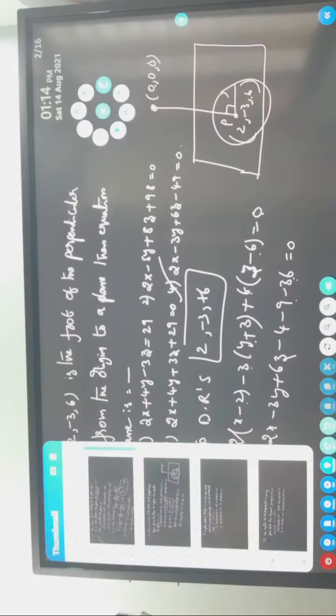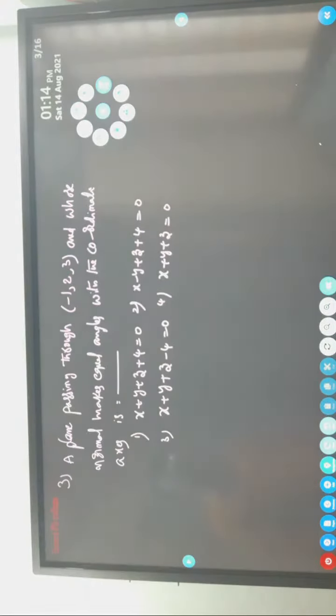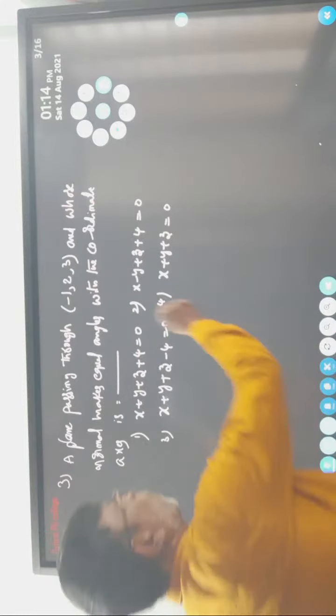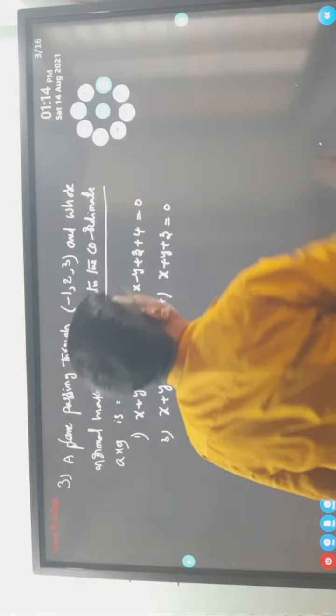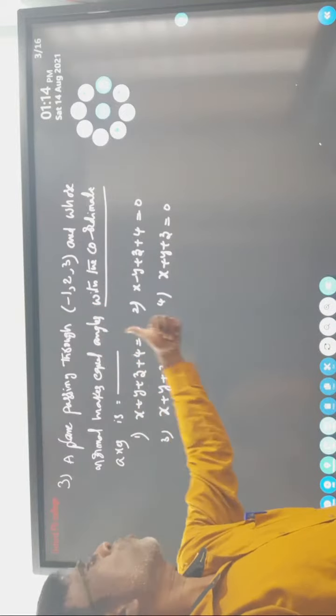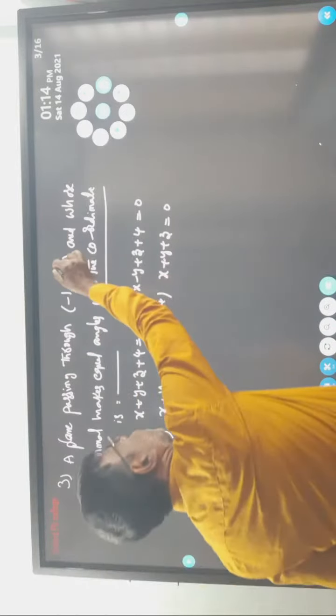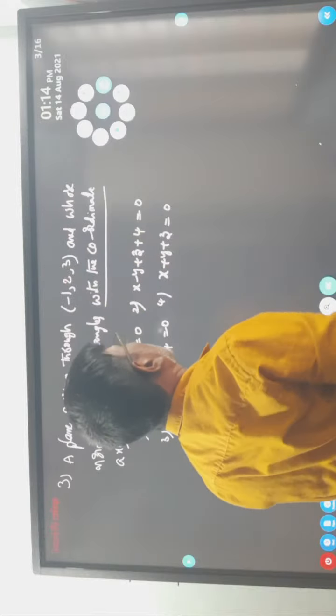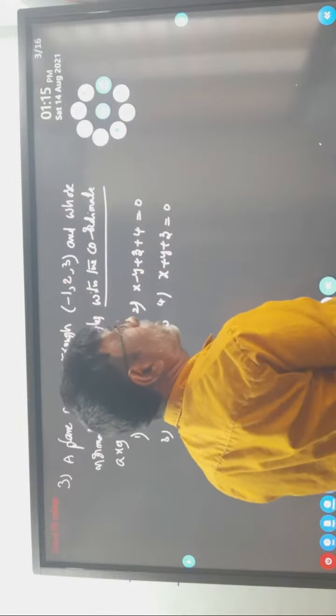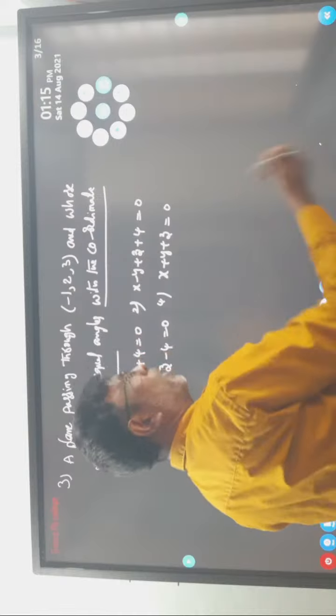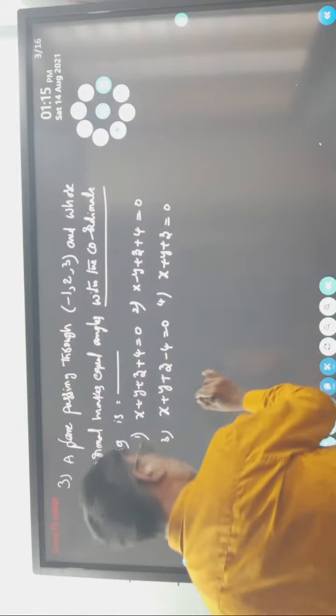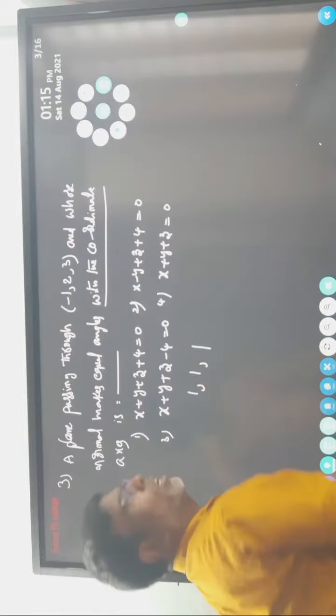So let me explain another problem. This is a plane passing through a point whose normal makes equal angles with the coordinate axes. Here is the problem. We already know the point x1, y1, z1 is given. Remember that equally inclined to the coordinate axes means the direction ratios must be 1, 1, 1.